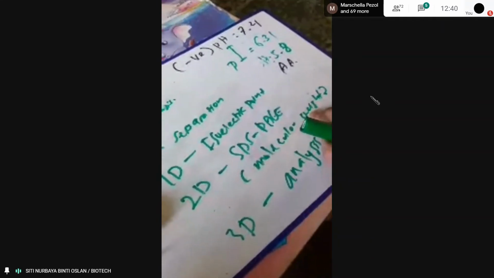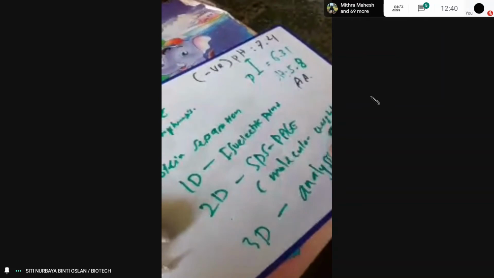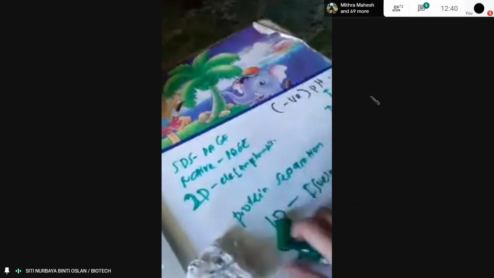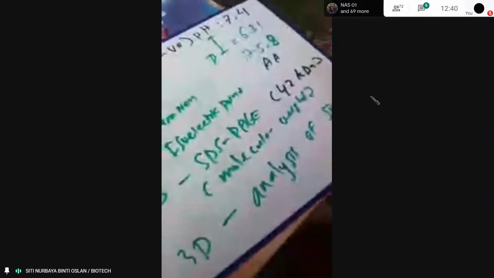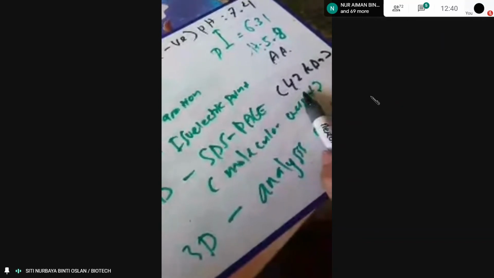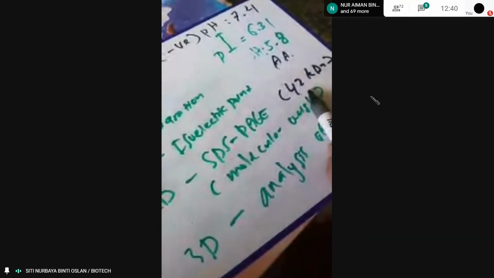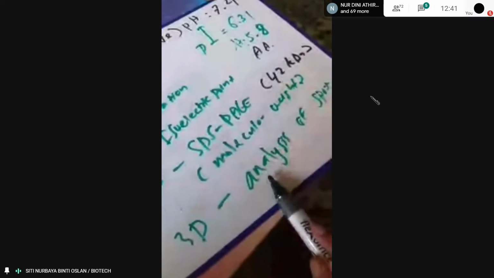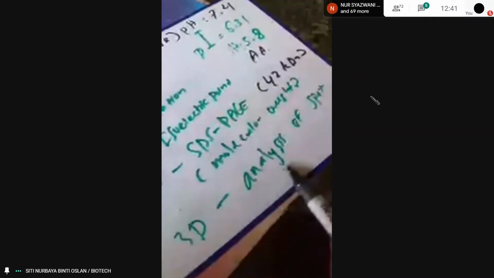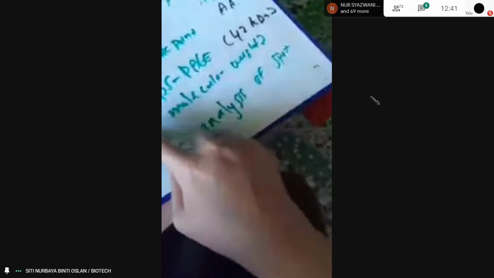T1 lipase has a molecular weight of about 42 kDa, so it will be separated at the 42 kilodalton band. And then the third dimension, we want to analyze whether this position represents the T1 lipase or not.